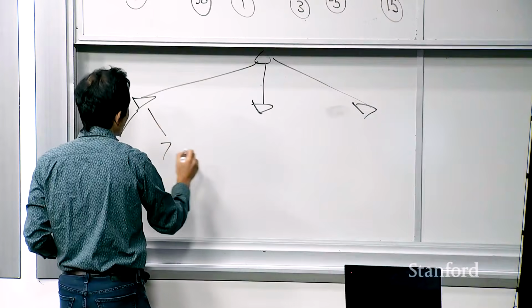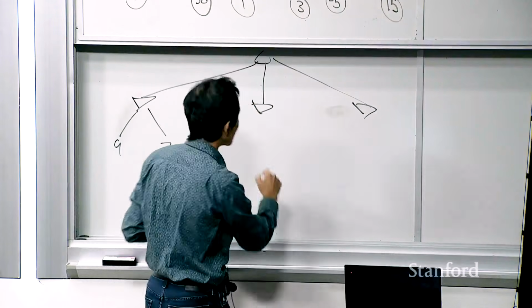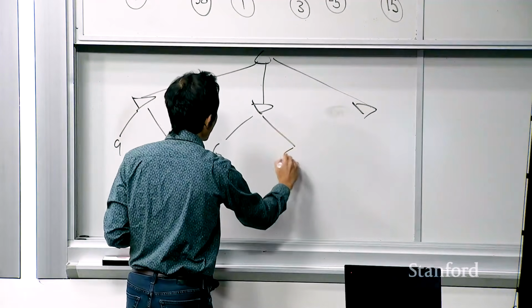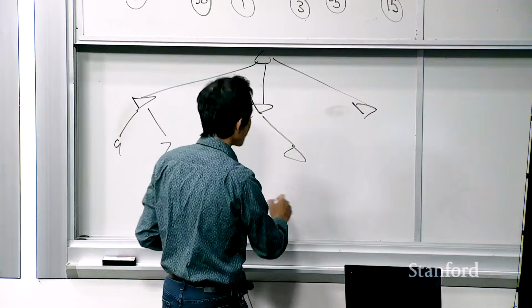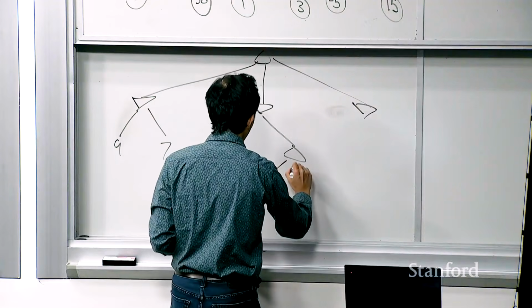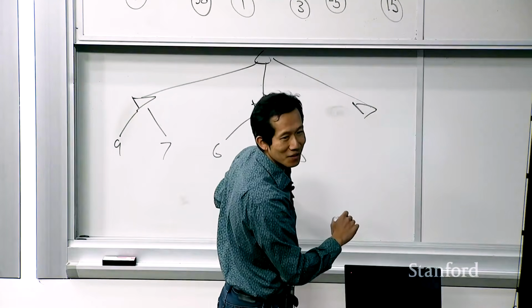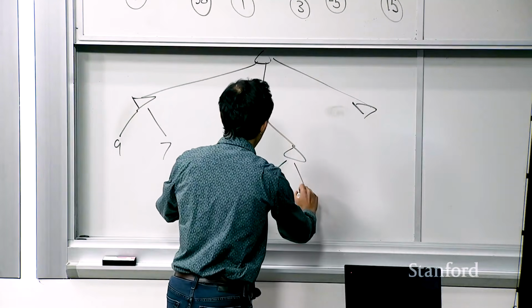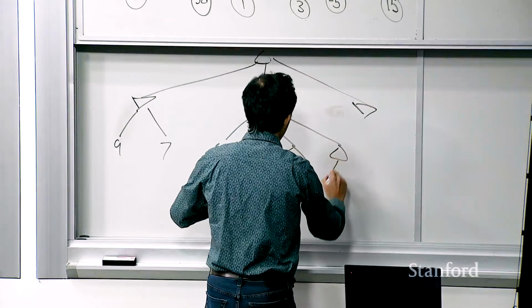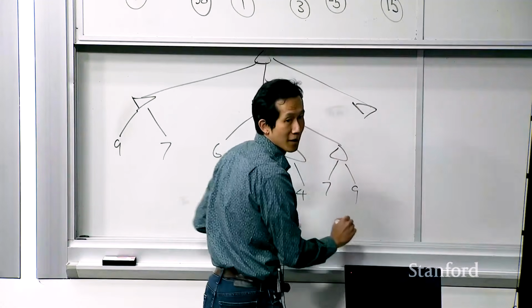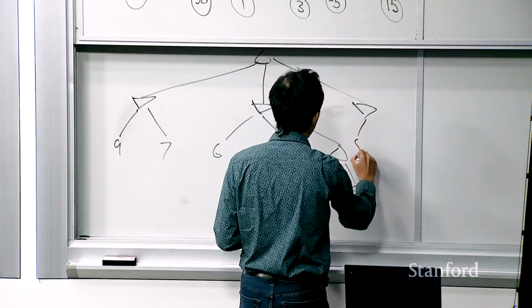Notice that the tree doesn't have to have the same number of levels either. So 6, 3, 4, 7, 9, and then over here, 8, 3.